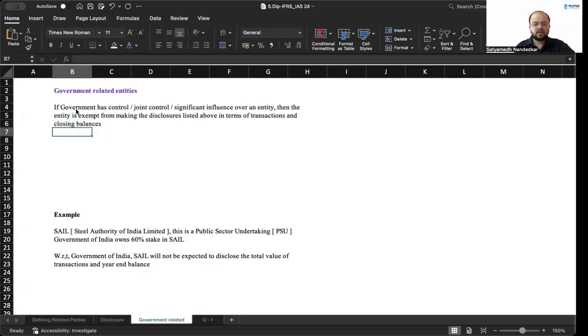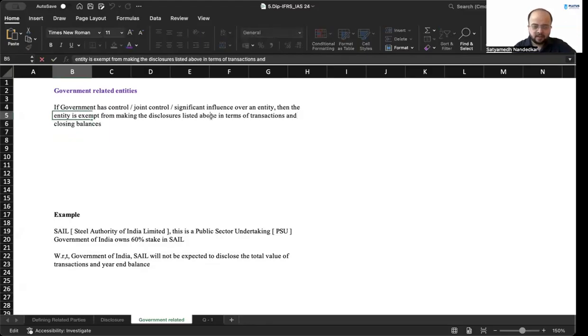So listed above, that means listed in the previous tab, in terms of transactions and balances.